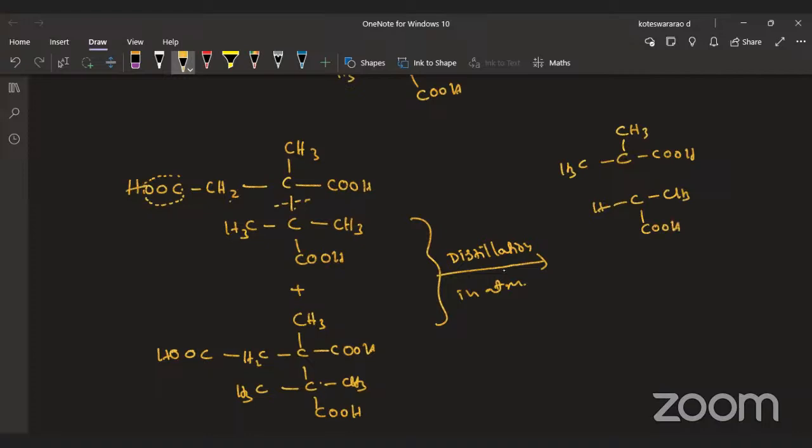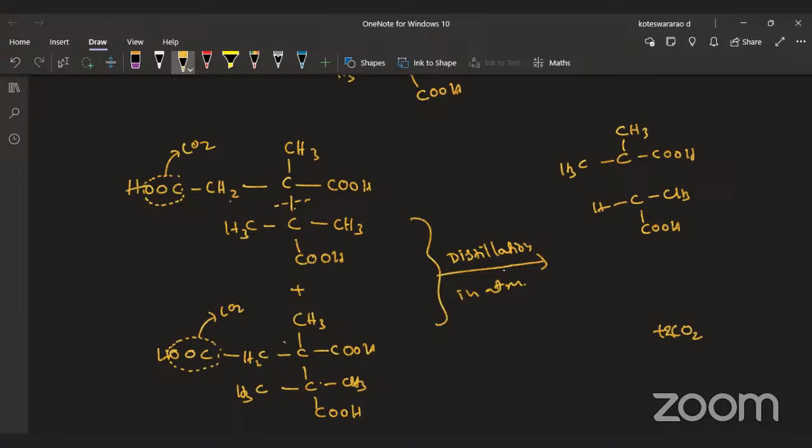Next, the second molecule undergoes decarboxylation first. That means here one CO2 is generated, and here another CO2 is generated. Two carbon dioxides are released. After releasing, it generates CH3.